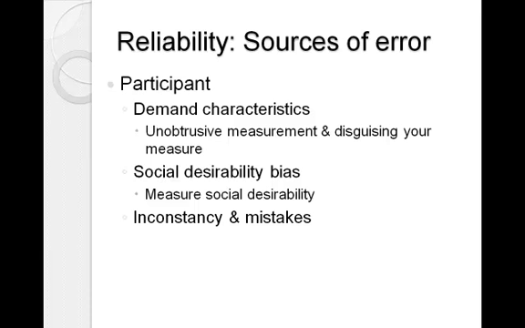The point is there is some randomness associated with measuring dynamic entities, and people are very dynamic. We are not exactly the same from day to day or from moment to moment. So there's some inconsistency, and then also people might just make mistakes. Someone might intend to respond to a question very true, but accidentally mark not at all true, and that contributes error to their score and makes the measure look less reliable.